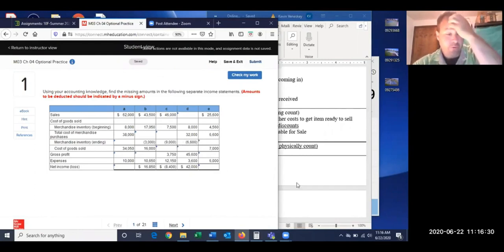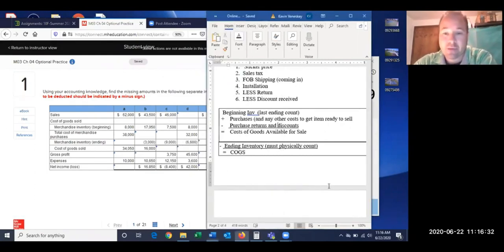And so our answer here will be a reduction, because if you come up here and look at our formula, to get cost of goods sold, we have to take our beginning inventory plus purchases. They don't have anything about returning anything, so they're just giving us this plus this, and they're not even figuring up the equal sign.